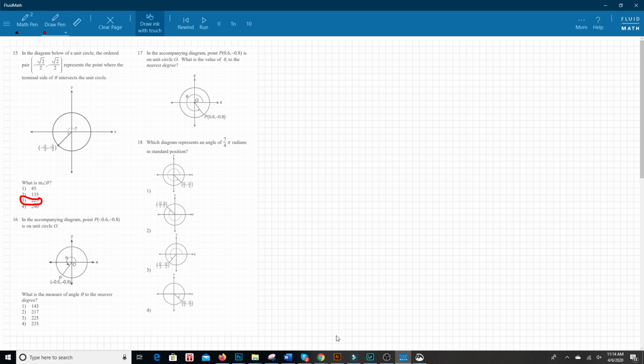I'm going to have to go with 233 for this one, because I'm slightly further out from my y-axis, which is the 0.6, and slightly further down from my x-axis, which is the negative 0.8. So we're looking at 233.